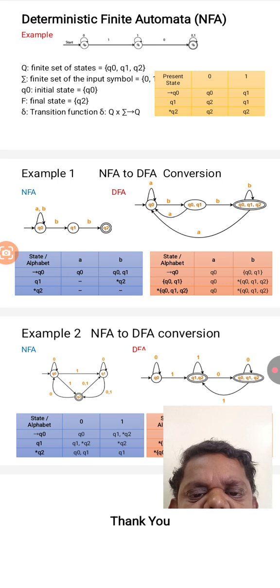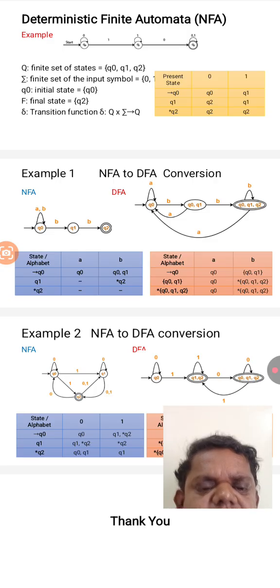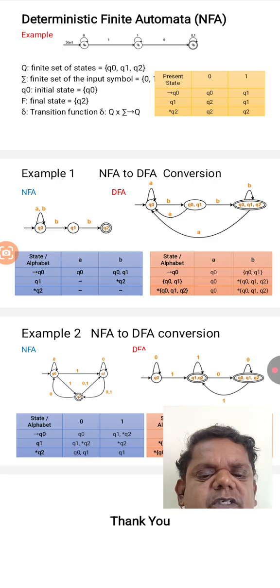How to convert from NFA to DFA? Using the transition table. First we take the initial state q0 with input a; it goes to the q0 state. Next q0 with b goes to q0, q1. Then q0, q1 with input a goes to q0 state.